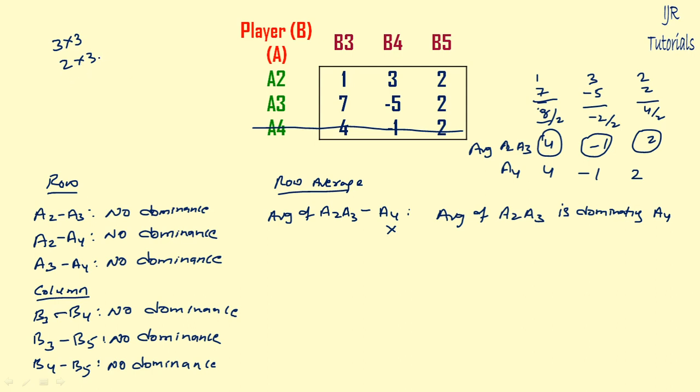But here if you see the columns, there are 3 columns. So again try to reduce the columns to 2. Column average: average of B3, B4 compared with B5. So 1 and 7, that is 8, 8 by 2, that is 4.